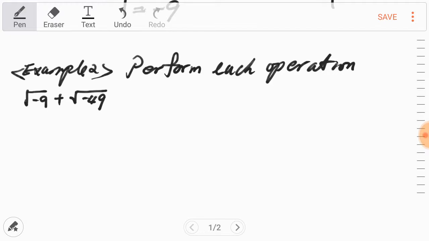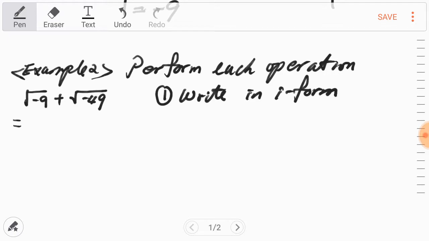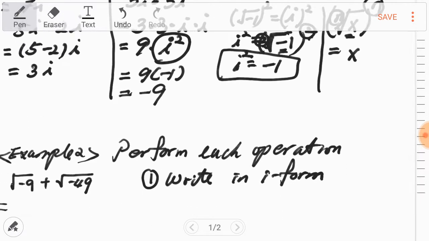Perform each operation. Alright, these are the square roots of negative numbers. Then what do we do first? We have to first write this expression in i form, just like the above examples.